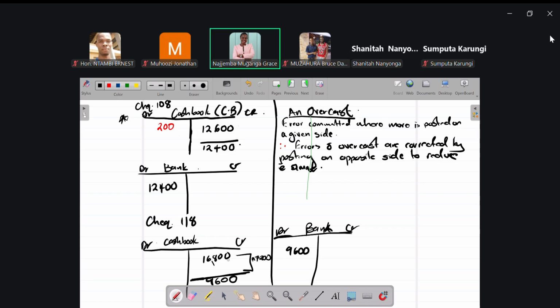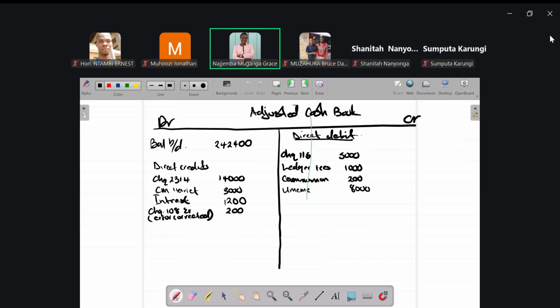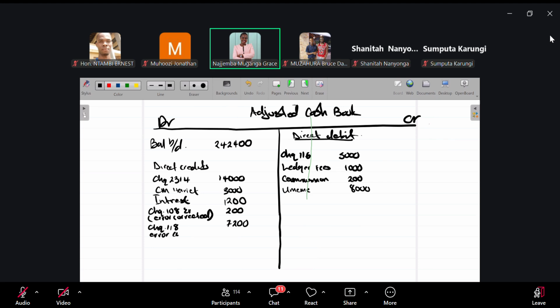To remove it, we said an overcast, you post on this other side. Just a minute. So you get to the adjusted cash book, 7,200, 118, error corrected.